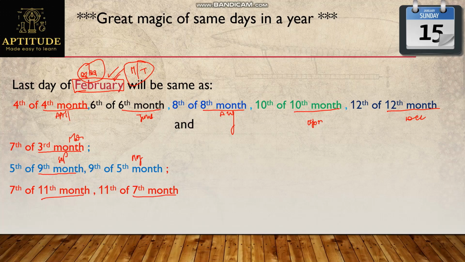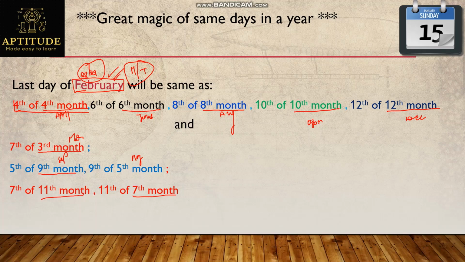Why I have written it in two different ways, you can get very clearly if you see here: 4, 4, 6, 6, 8, 8, 10, 10, 12, 12. If the month is an even number, all these hold for the same date.